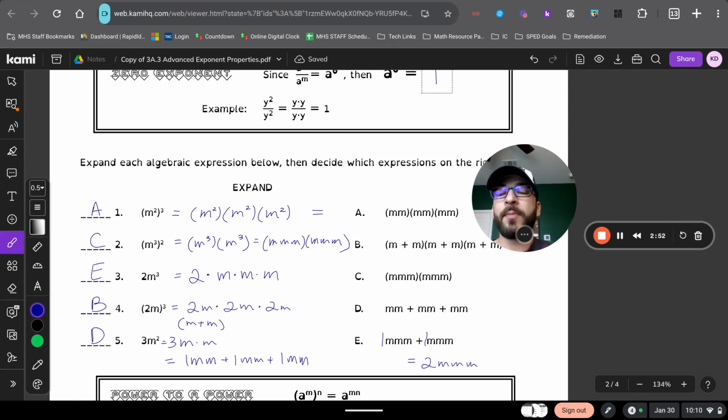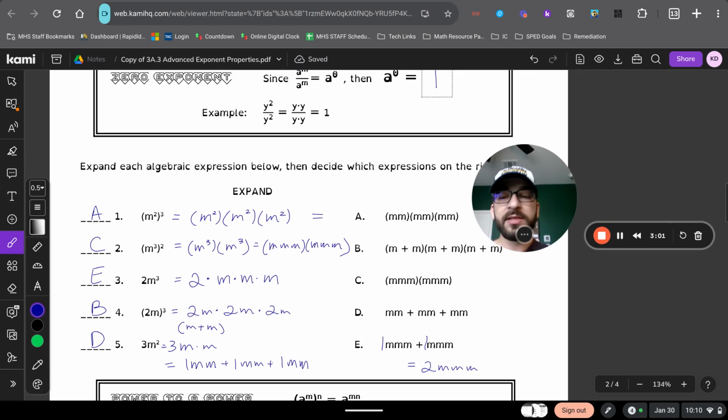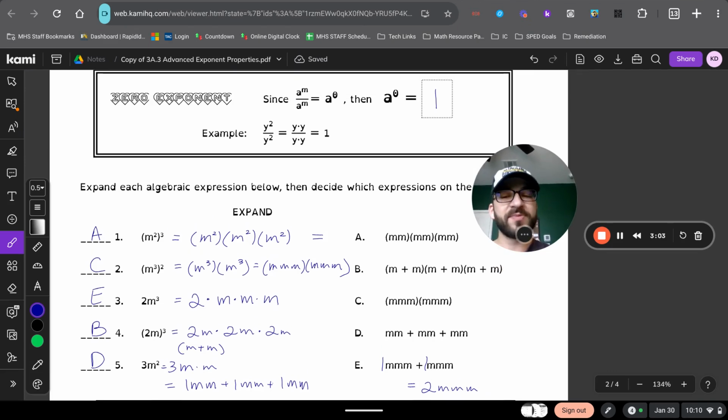The 2 and the m are being cubed, so that would give us 2m times 2m times 2m. And 2m is the same as 1m plus 1m. So that would mean number 4 matches up the best with B. And then last but not least, on number 5, 3m squared, similar to number 3, that would give us 3 times m, so 1mm plus 1mm plus 1mm. So D would definitely be our best match.